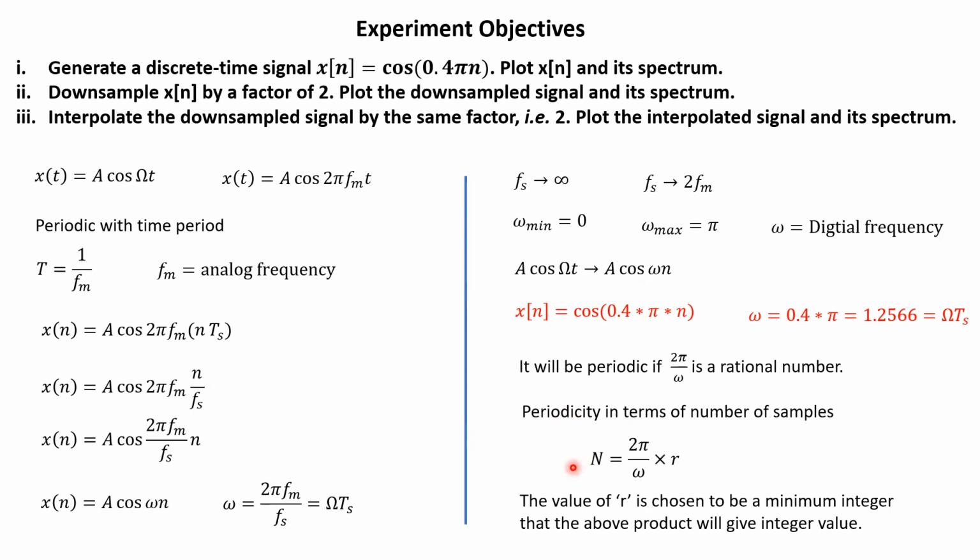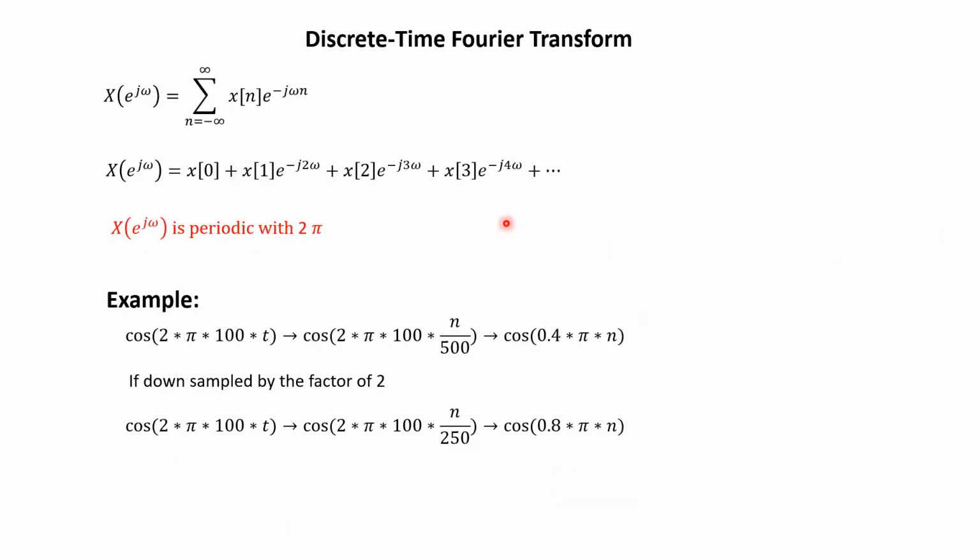First we will see how to plot this signal, and obviously we also have to get its spectrum. To get the spectrum, we can use the discrete time Fourier transform definition. If we have any signal x[n], we can calculate its discrete time Fourier transform by this expression, where n varies from minus infinity to infinity, x[n] e to the power minus j omega n, where omega is the discrete frequency.